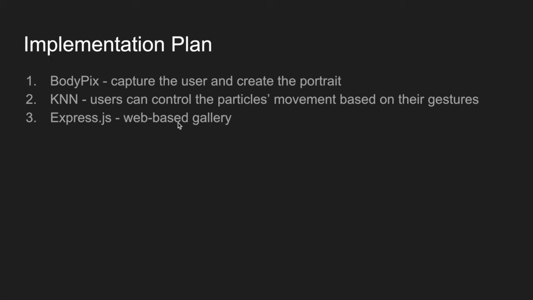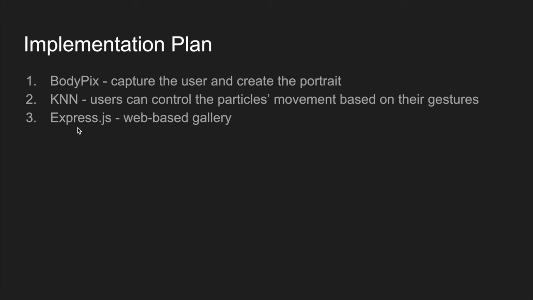For now, what I'm thinking is just left hand and right hand. But maybe I will create different gestures, not just simply left or right, so that the users can control the particles' movement. And the third part is that I want to create the gallery using Express.js, which we learned last week. So yeah, that is basically the things that I will do.